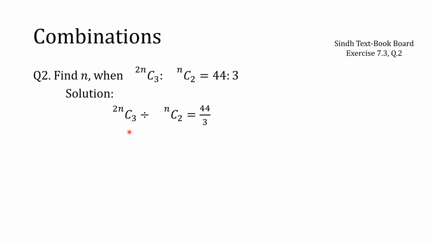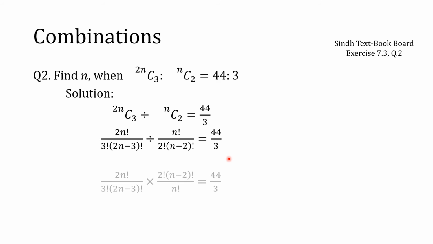So the number of combinations of 3 objects from 2n different objects divided by the number of combinations of 2 objects from n different objects is equal to 44 over 3. By using the combination formula, we will have 2n factorial over 3 factorial times 2n minus 3 whole factorial divided by n factorial over 2 factorial times n minus 2 whole factorial, which is equal to 44 over 3.